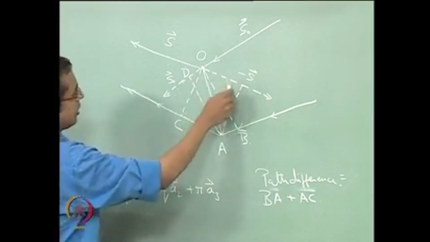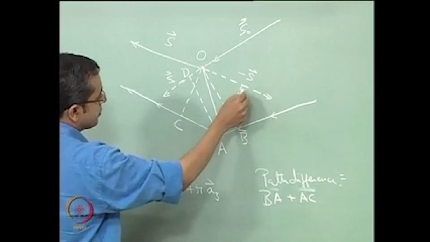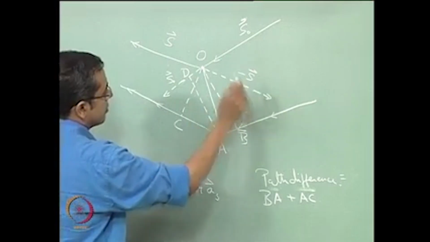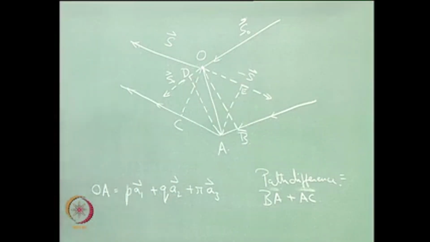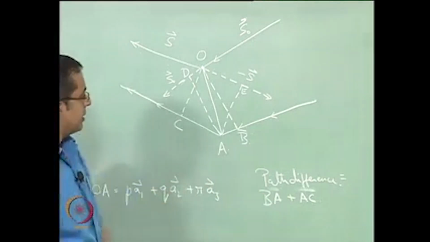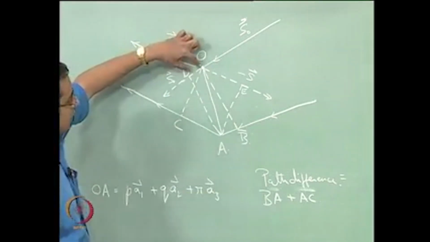Okay, so now this is A, B, C, D, E. Right. So the same path difference, BA plus AC. Now BA is simply OD, they are both the same.